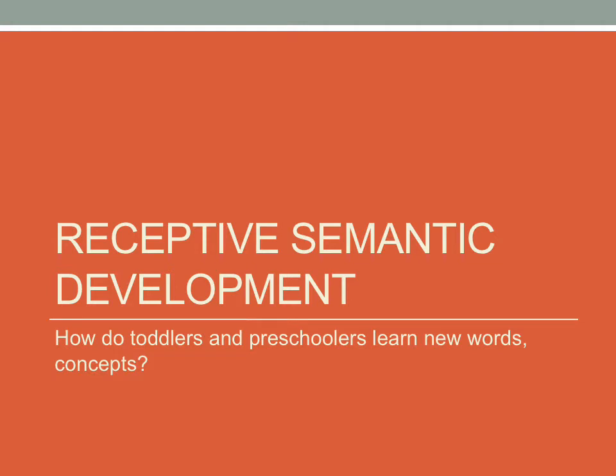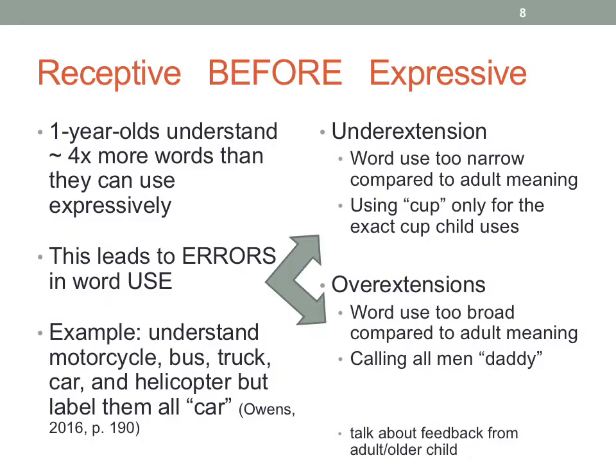So we've been talking about input and how it influences grammatical development or morphological development. Let's now shift to receptive semantic development. So how is it that toddlers and preschoolers learn so many new words and concepts in their early years of life?